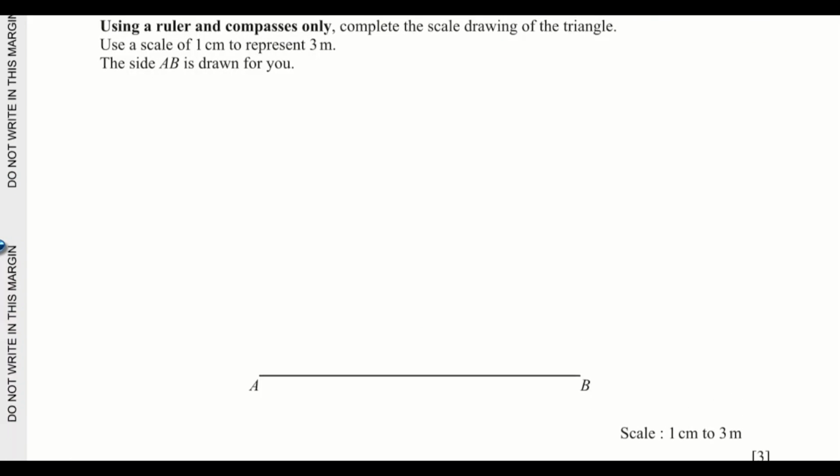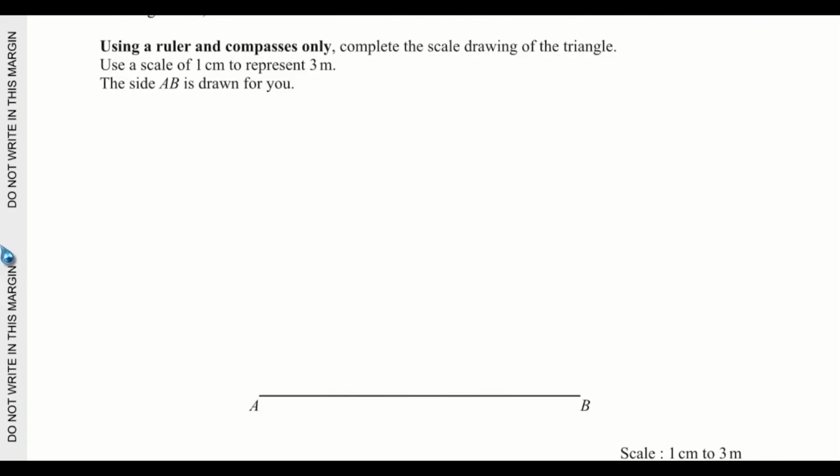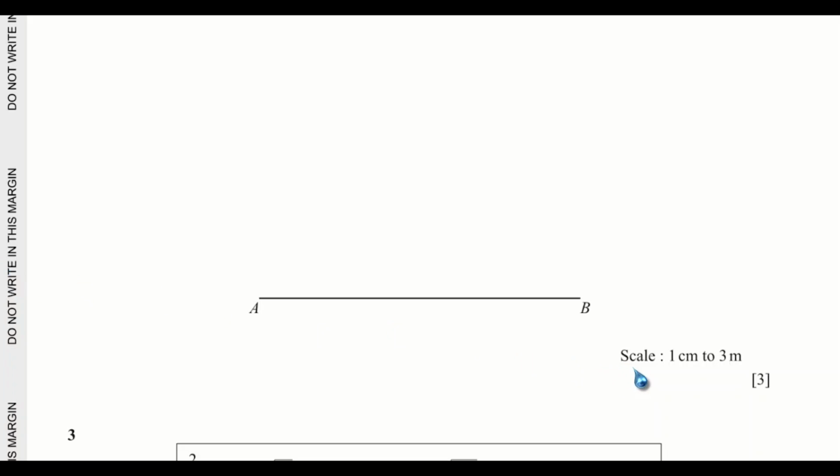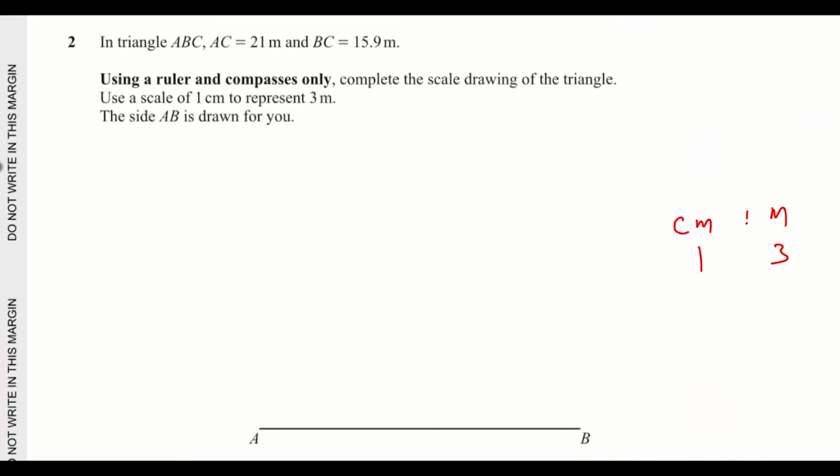So this is side AB and we have to use the scale 1 centimeter to 3 meters. If you write centimeters ratio meters, we have it to be 1 to 3. So let's go to the given sides.